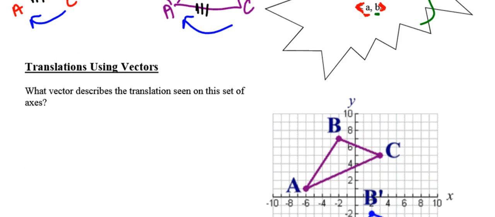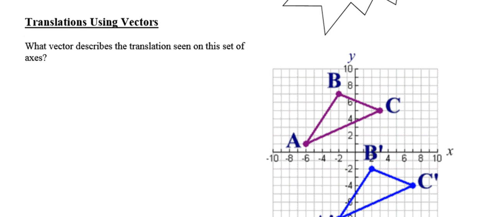We're also going to talk about translation using vectors. And down at the bottom of the page, they give you a translation on the coordinate plane, and they're asking what vector describes the translation seen on this set of axes. And I guess before we can tell the vector, it's important to know what a vector is.